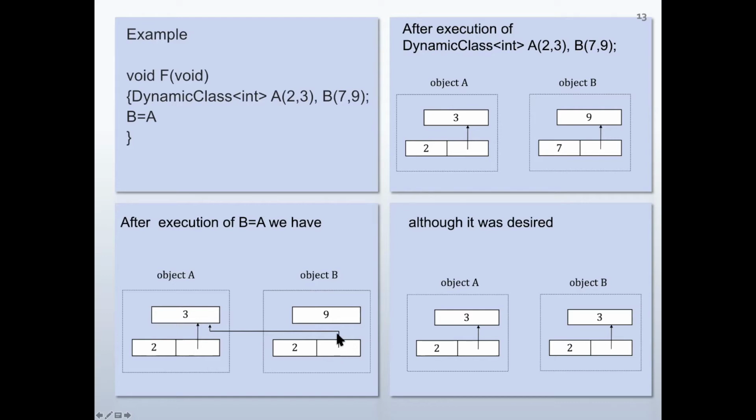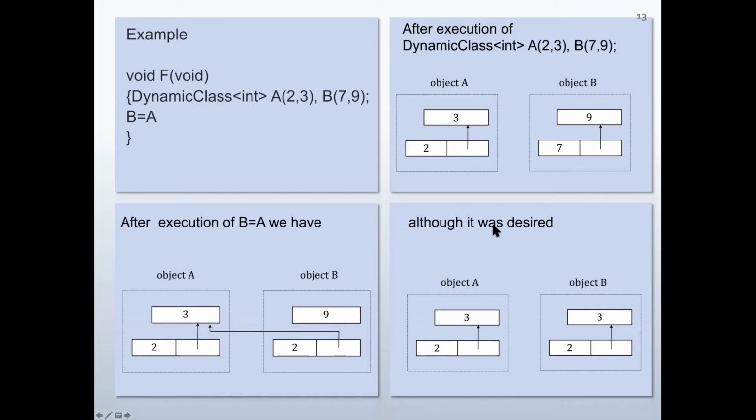Because this pointer has a value such that it points to the item with value 3, this time we will have a pointer here that points to this item.